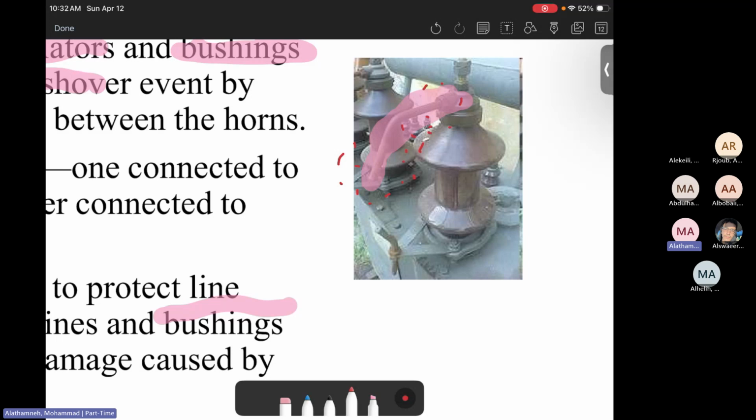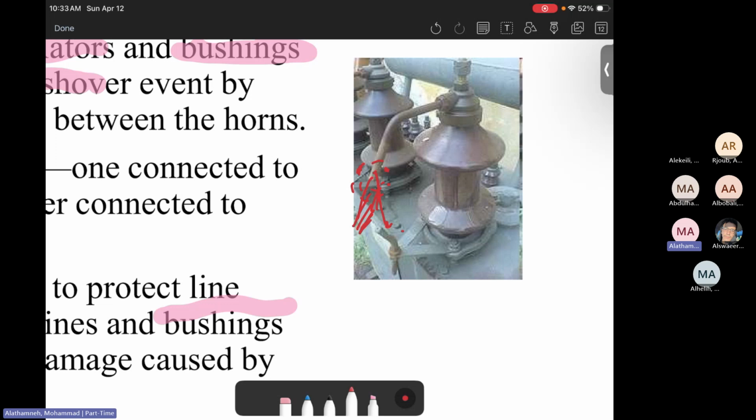If the air is ionized here, it will cause some damage to the bushings. However, once we put these arcing horns, the air will be ionized here, so the discharge will go from the horns toward the body of the transformer. So it creates a better path for the discharge.